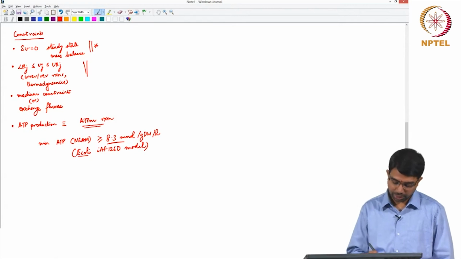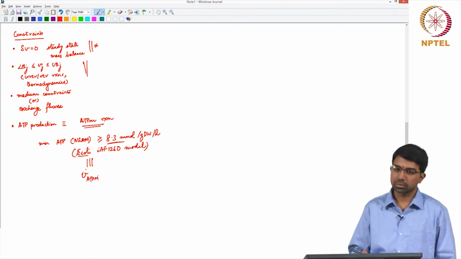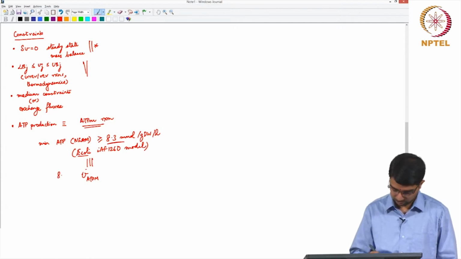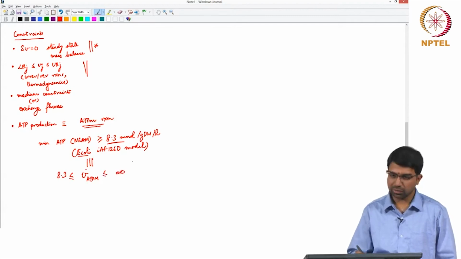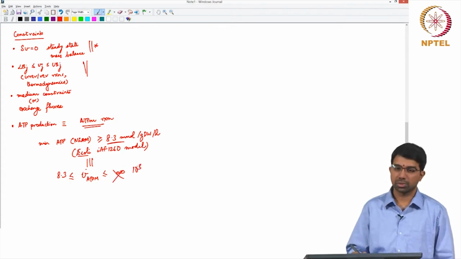So how does this translate mathematically? Infinity, or let us say a large number.